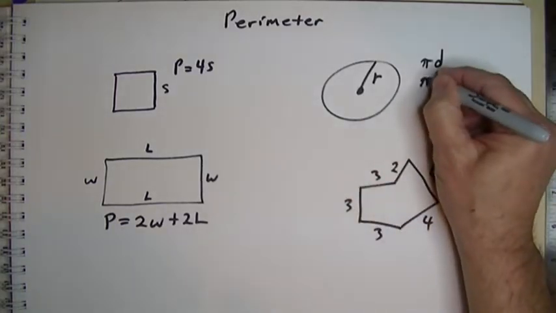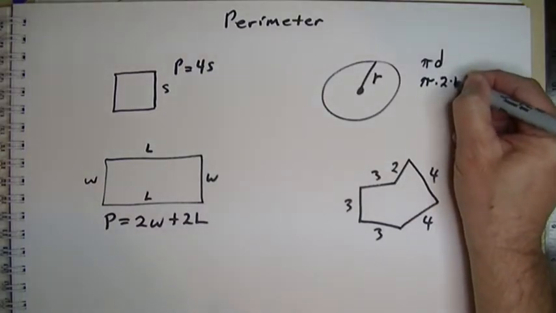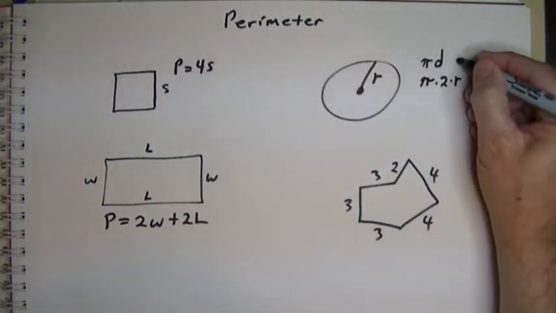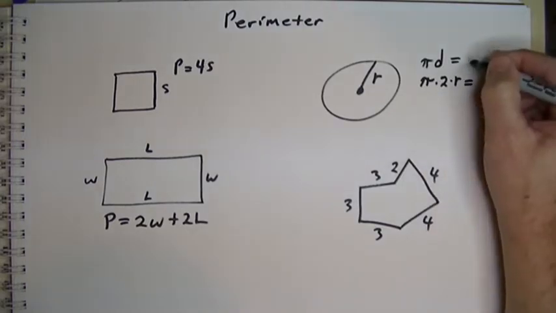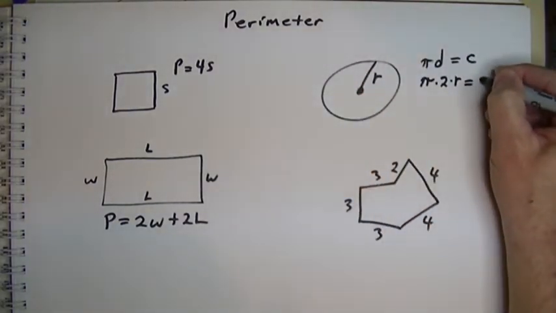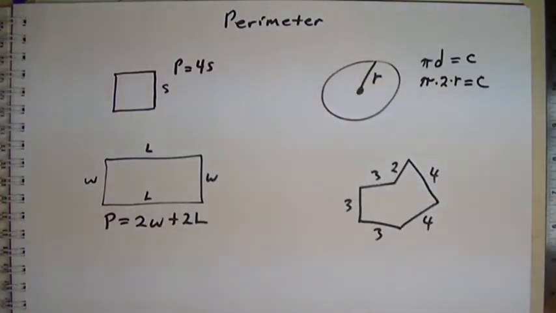So we could also say it's pi times 2 times the radius. 2 times the radius is the diameter. So either of these gets us the perimeter, but when it comes to circles, we tend to call it a circumference. Okay? It's just because a circle is kind of a special shape, so we get special names for some of the dimensions within a circle.